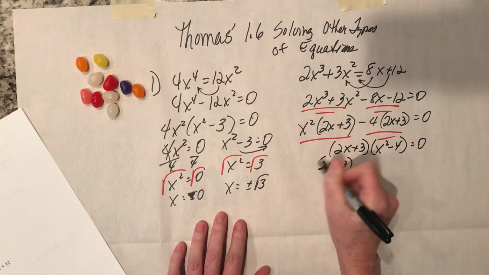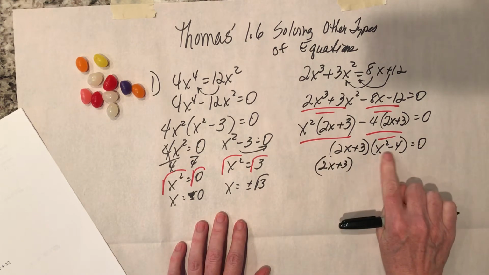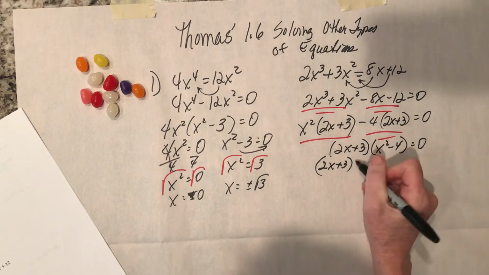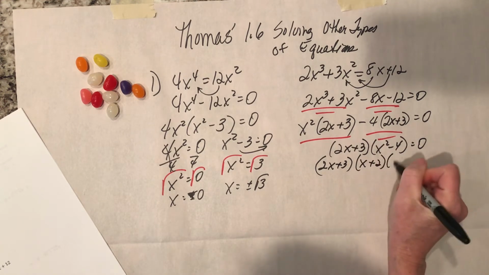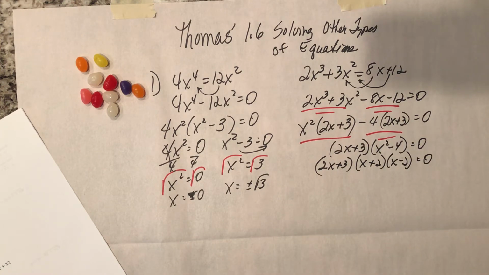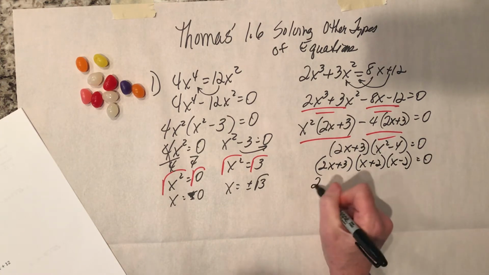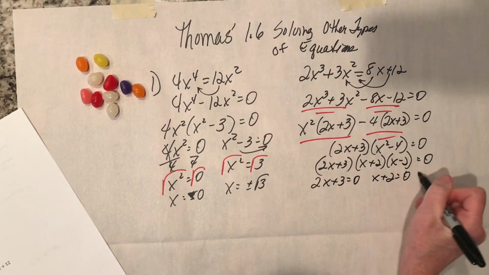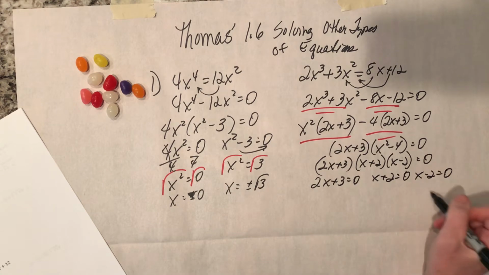And then you can still factor. This is the difference of 2 perfect squares. I've been gardening again. Sorry about the dirty fingernails. X plus 2, x minus 2 there equals 0. So let's set each one of these equal to 0. 2x plus 3 equals 0, x plus 2, and x minus 2.